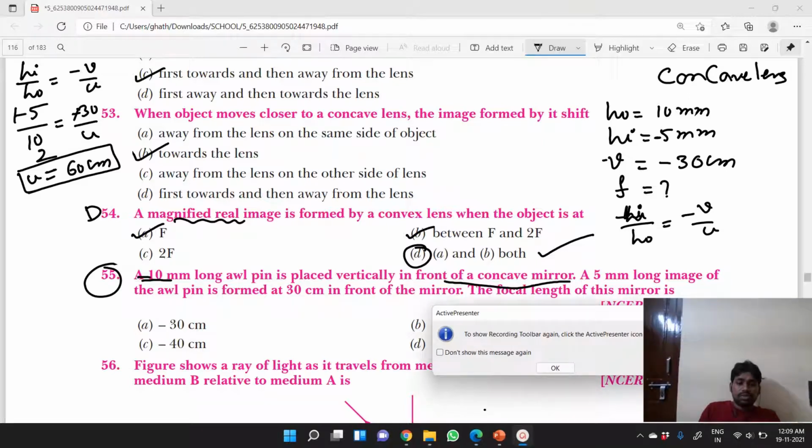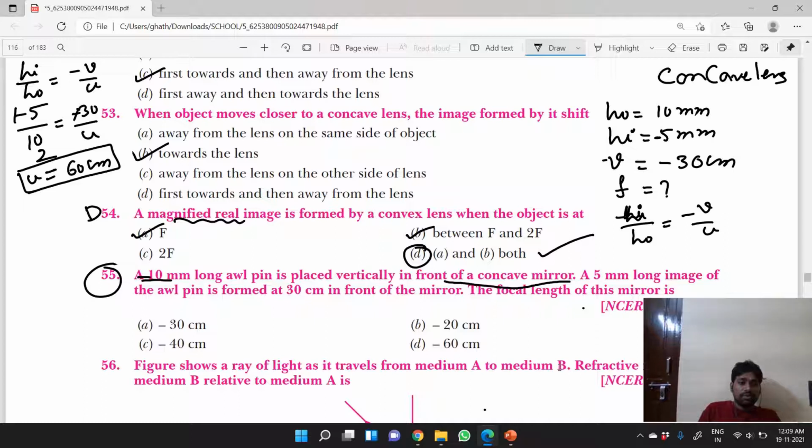So if you see here carefully, 1 by f is equal to 1 by v plus 1 by u, which is 1 by minus 30 plus 1 by minus 60. LCM is 60. 60 is 2 times 30 and 1 time 60.